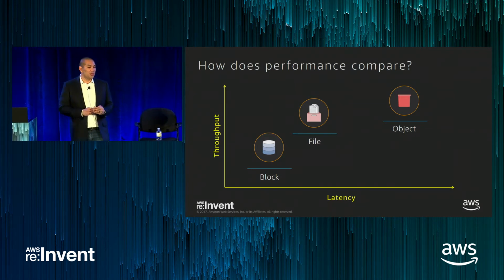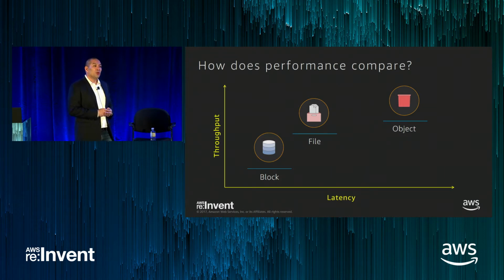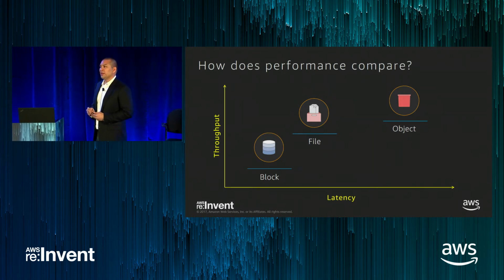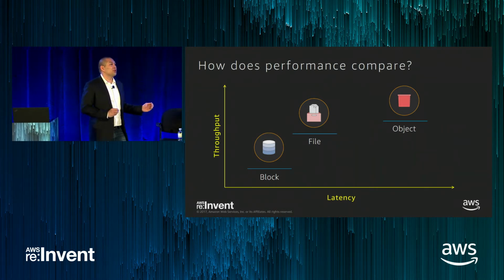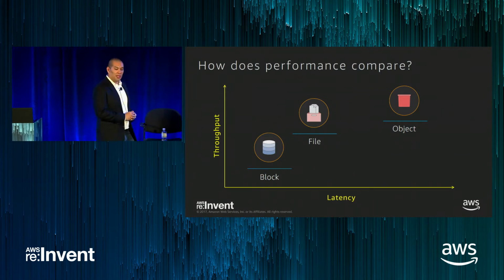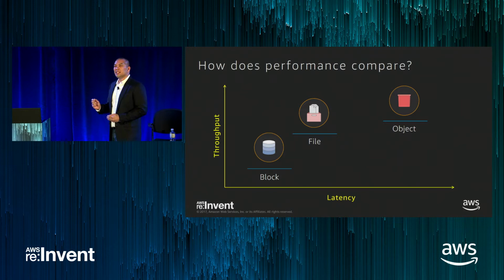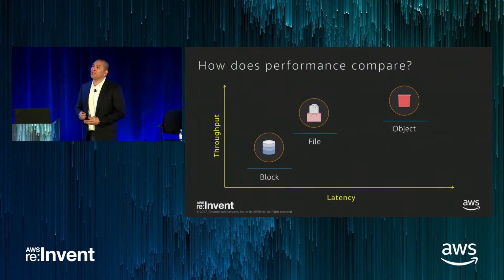Now with file storage, it's generally designed for low, consistent latencies, but is also designed to scale to tens of gigabytes a second of throughput. Now with object storage, it provides the highest level of throughput scale, but it's not necessarily designed for latency-sensitive applications.